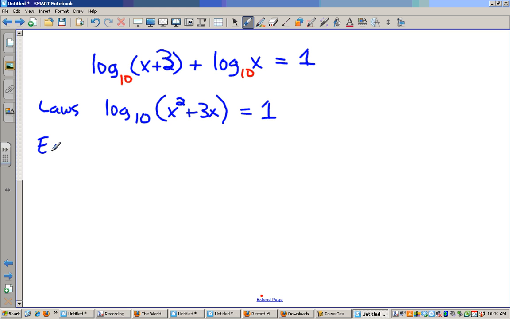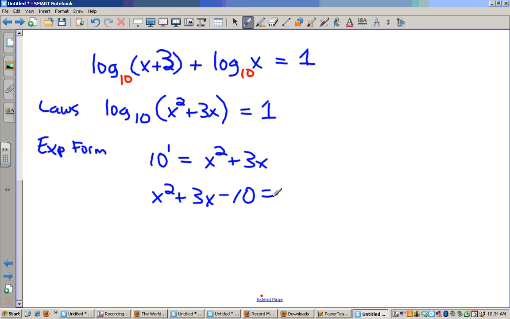Then we do exponential form, and we get 10 to the 1 equals x squared plus 3x. X squared plus 3x minus 10 equals 0.